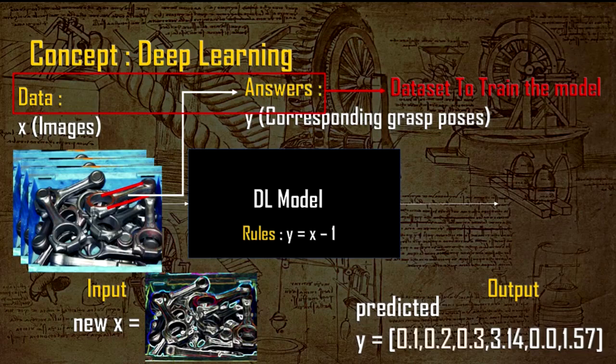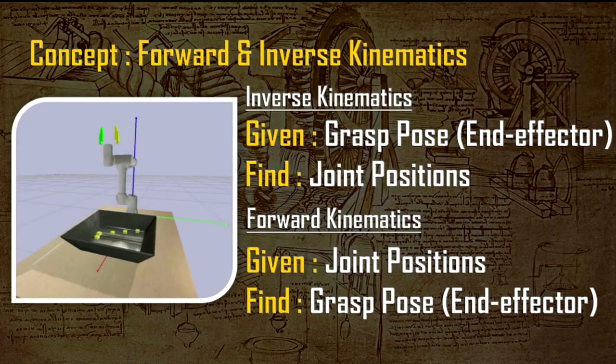We do it for each of these images, and then we feed it and train the deep learning model. So the deep learning model now understands the rules behind it, the features and everything. And now for a new image that is captured in real time in the pipeline, it predicts the grasp pose. So that's how the concept of deep learning is being applied in the pipeline.